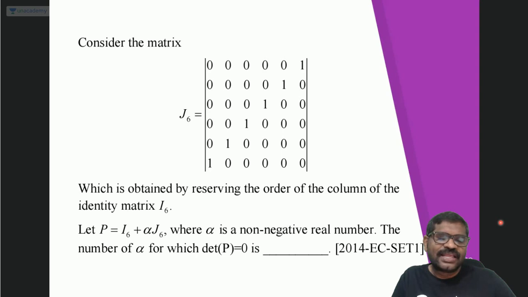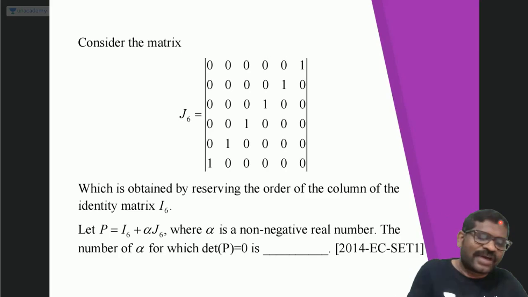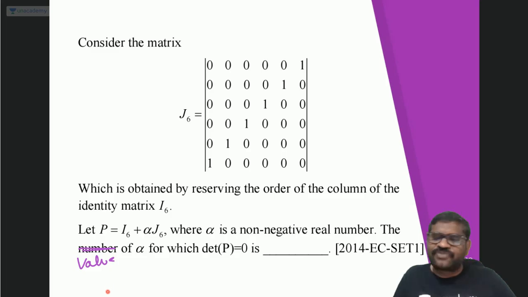Then let P equal I6 plus alpha J6, where alpha is a non-negative real number. Find the value of alpha for which the determinant value of P equals 0.